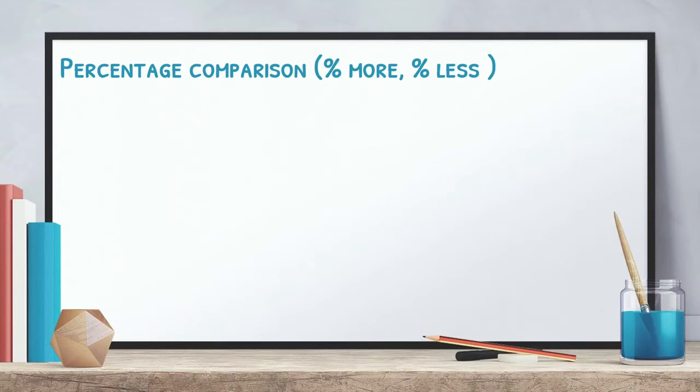Okay. Let's have a practice. 30 is what percentage of 75? It's very easy. I told you whatever comes after "of" will be in the denominator.